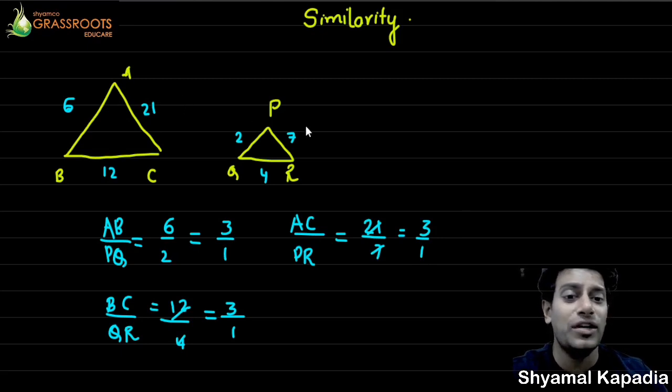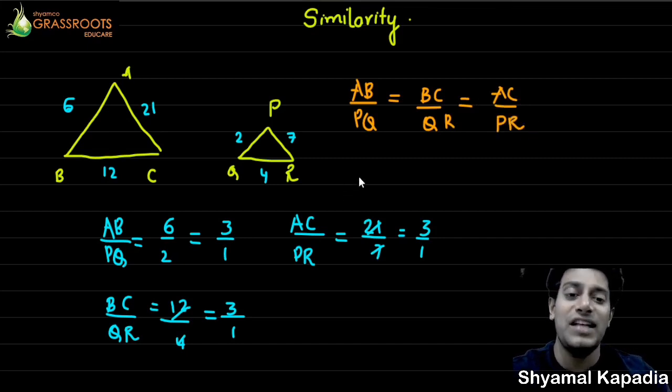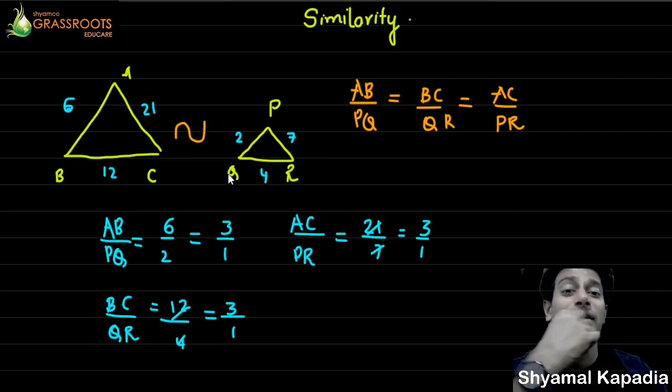So I can conclude that the ratio AB upon PQ is the same as BC upon QR, which is the same as AC upon PR. Therefore the 3 sides are in proportion and I can say that these 2 triangles are similar. This is the symbol of similarity.